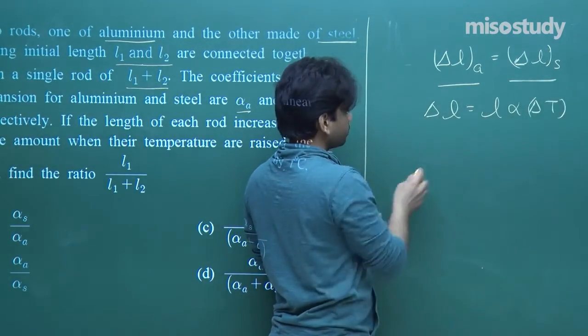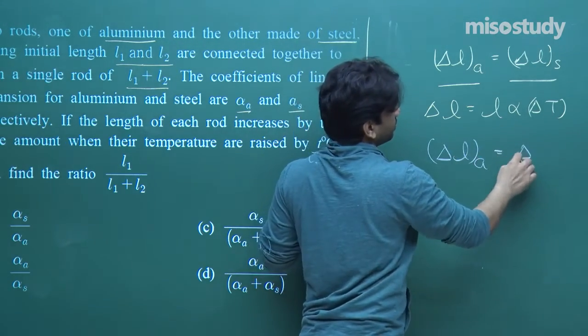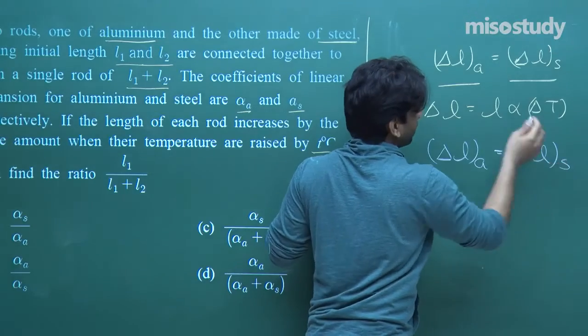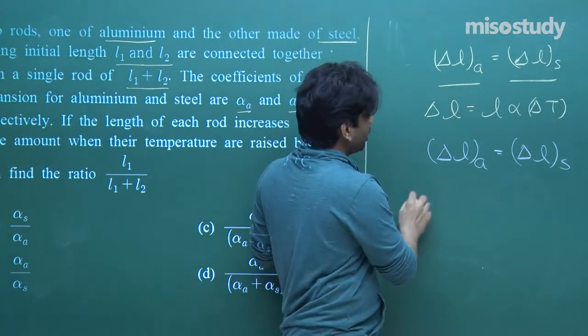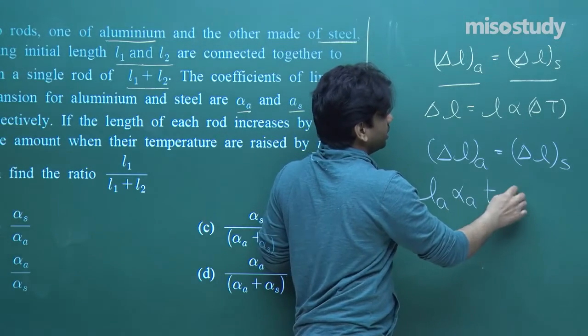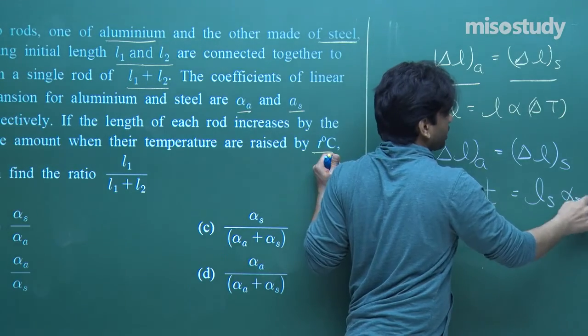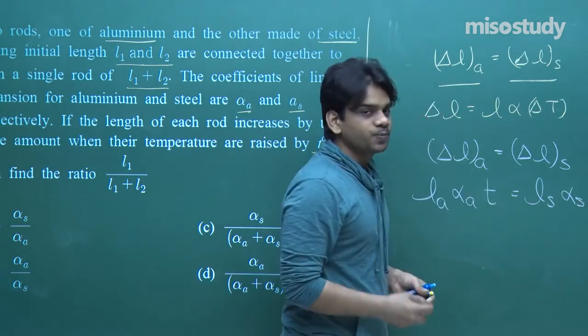If we use delta LA is equal to delta LS, then we will be having LA alpha A T is equal to LS alpha S T. That is what we can do.